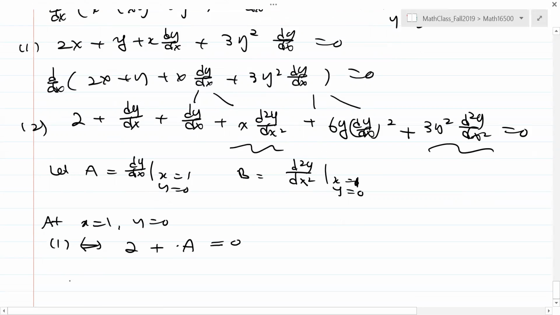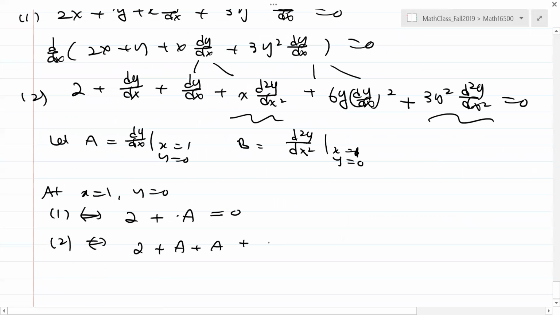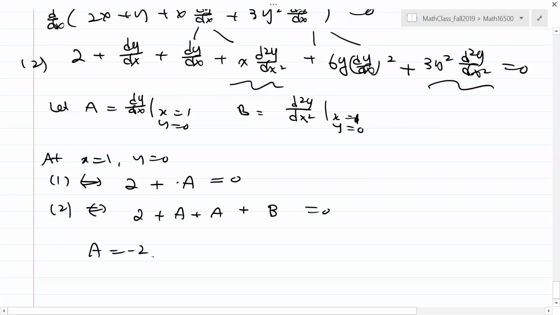The second equation gives you 2 plus a plus a plus b. The rest of the terms are 0 because y is 0. It looks much simpler. So you get a equals -2 and b equals 0, where b is the second derivative of the function.